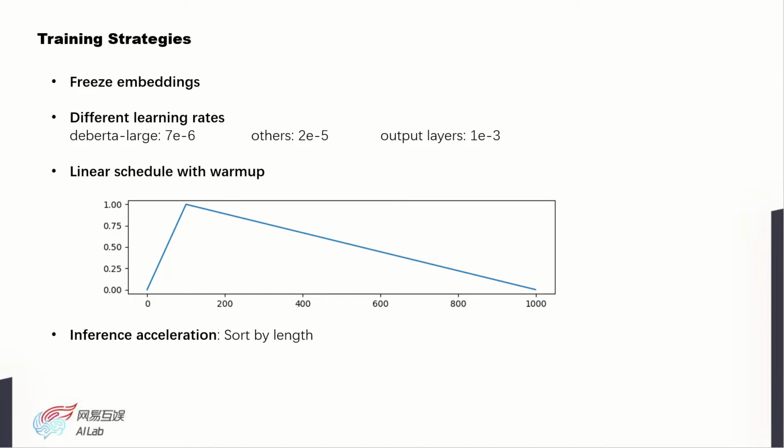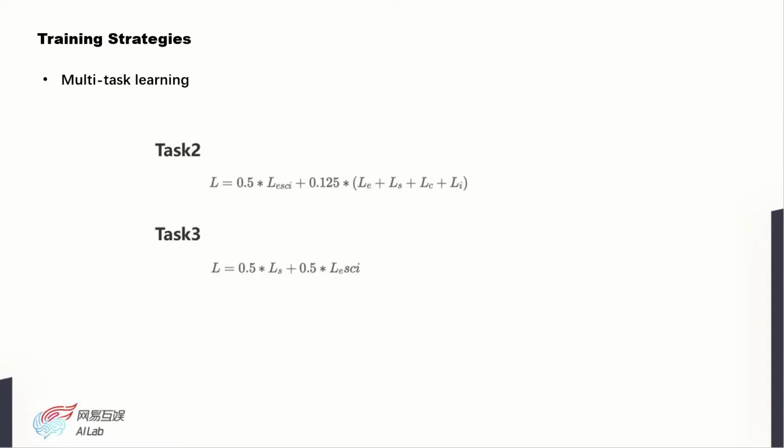It should be noted that during the inference phase, we speed up the model inference by PyTorch AMP and pre-sort the input test data according to the token length. On Task 2 and Task 3, we use multitask learning and achieve about 0.1% to 0.2% improvement on the local validation set.